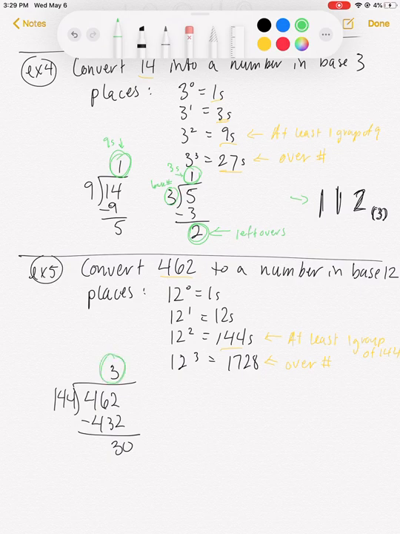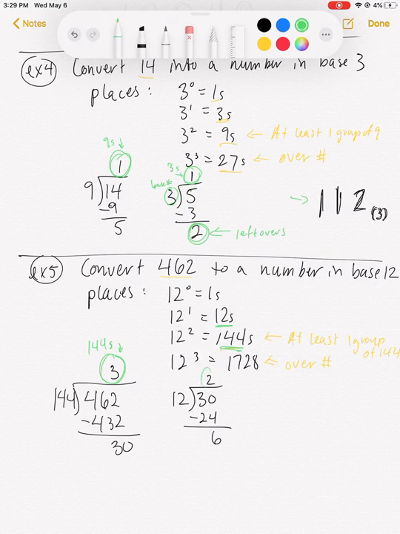This one right here was the 144's place. Then we got to go to the next place down, which is the 12's place. With our leftovers, 30 is still bigger than 12, so we will have some 12's in there. And so we do 30 divided by 12, and we know that goes in twice, the product is 24, and the difference is going to be 6.